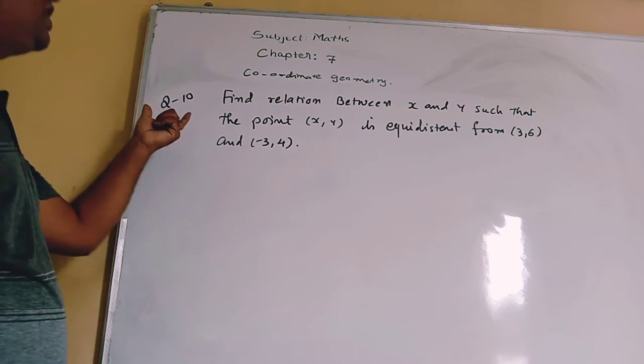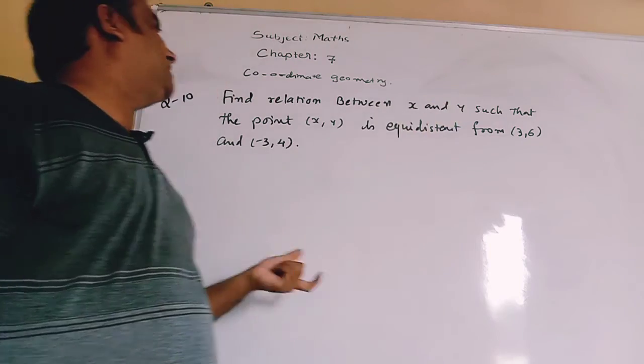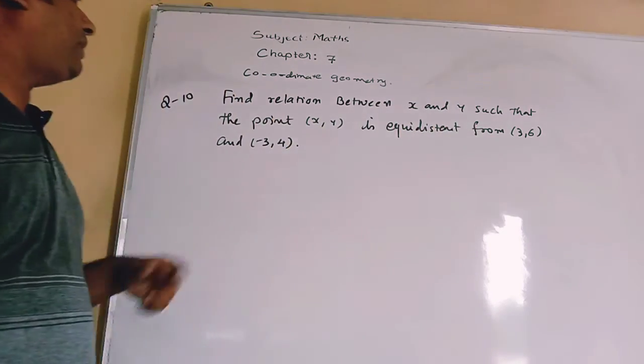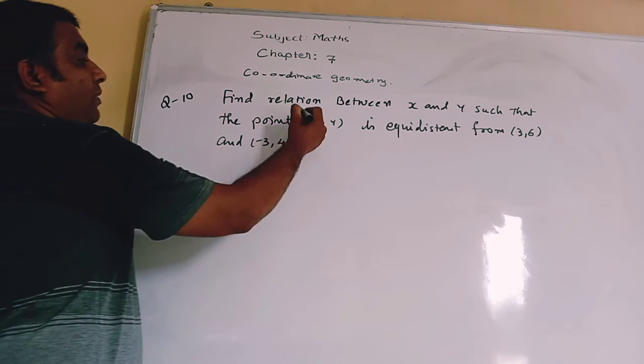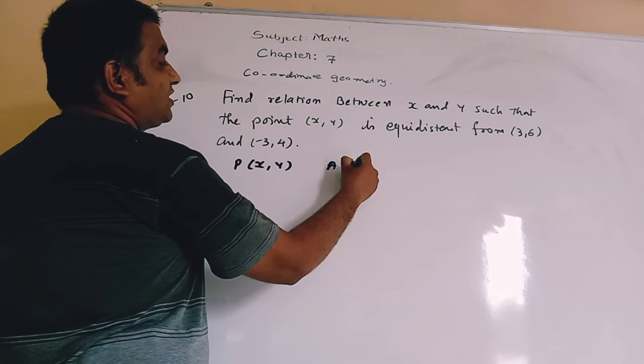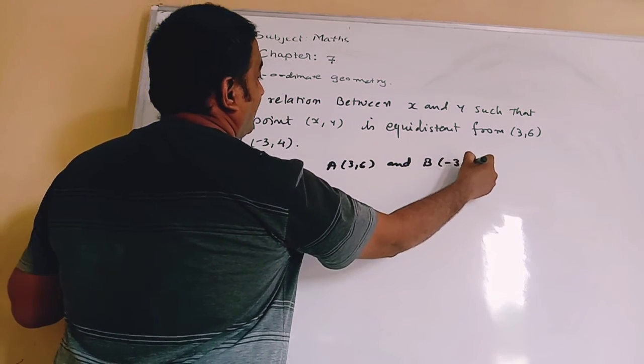We have question 10. Find the relation between x and y such that the point (x, y) is equidistant from (3, 6) and (-3, 4). So let us take P(x, y), A(3, 6) and B(-3, 4).